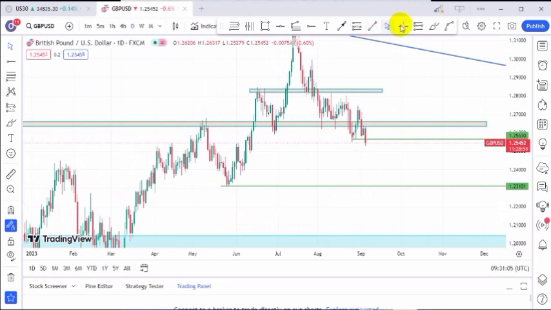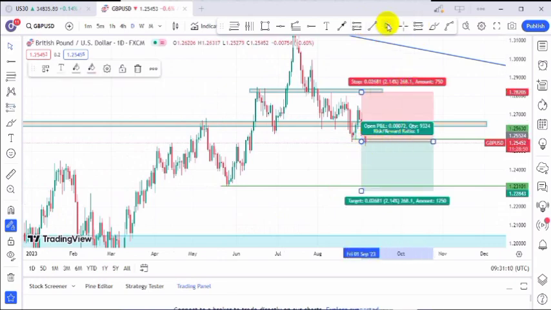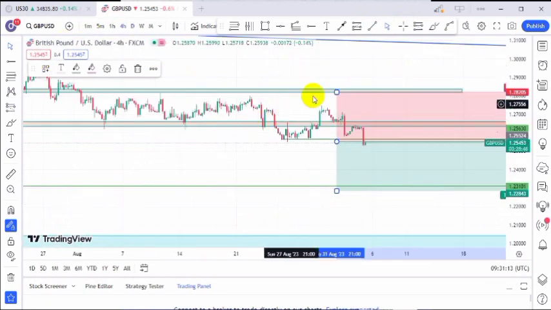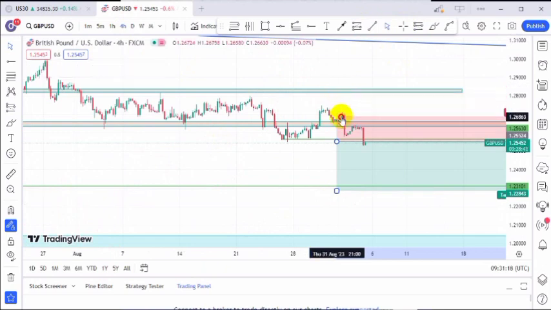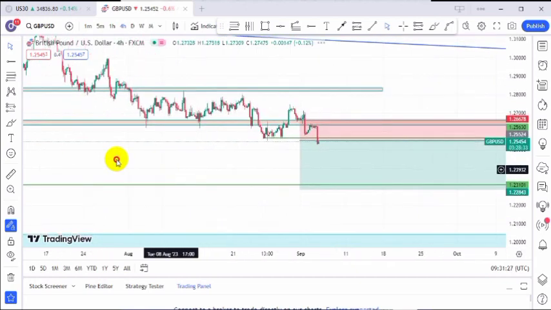So I'm shorting this market right now on GBP USD, and come down to set my stop loss. So stop loss will be just above this, alright, just above this.